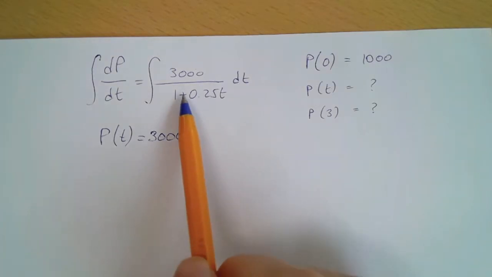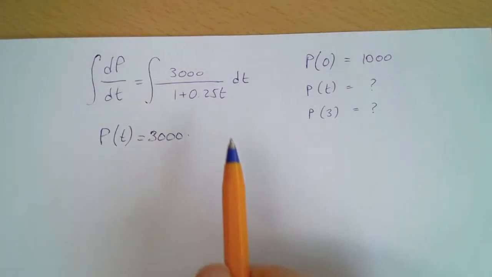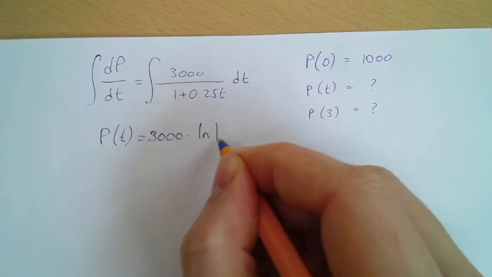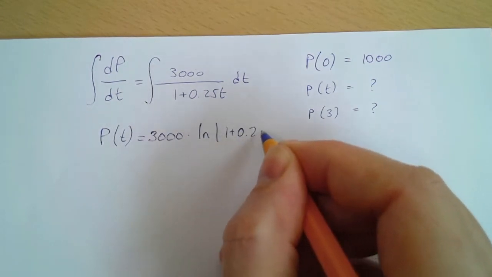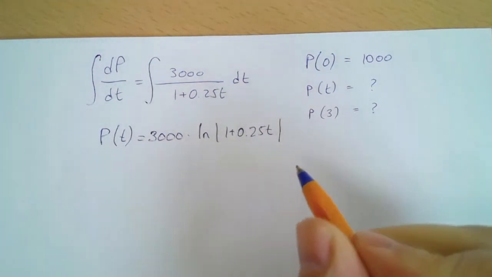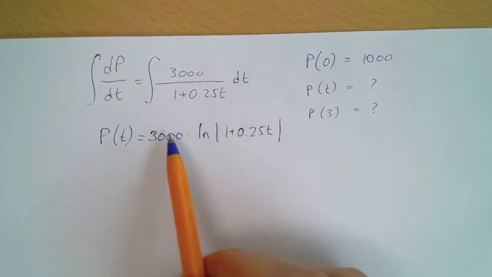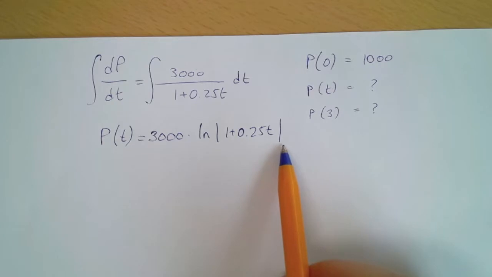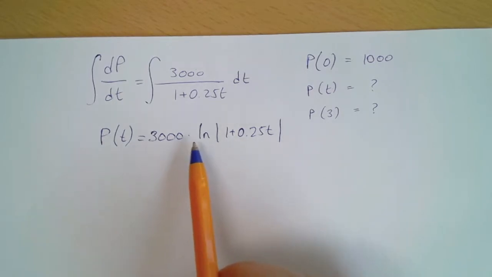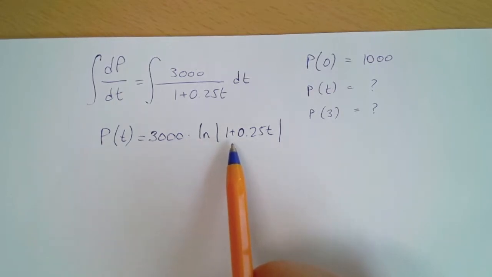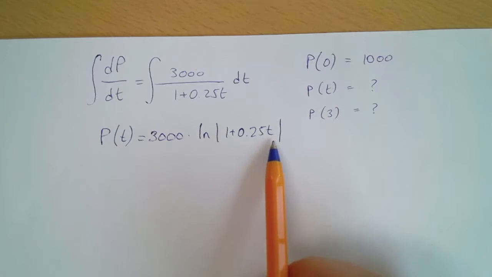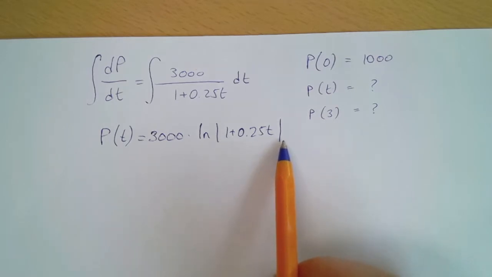Since this is a linear expression, it's t to the power 1, the integral is ln of 1 plus 0.25t, but we have to be careful now and think backwards. What would happen if I took the derivative of that? I would get 3000 times 1 over 1 plus 0.25t times the inside derivative, which is 0.25.